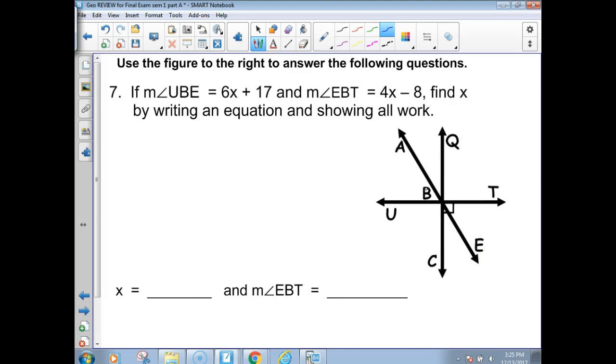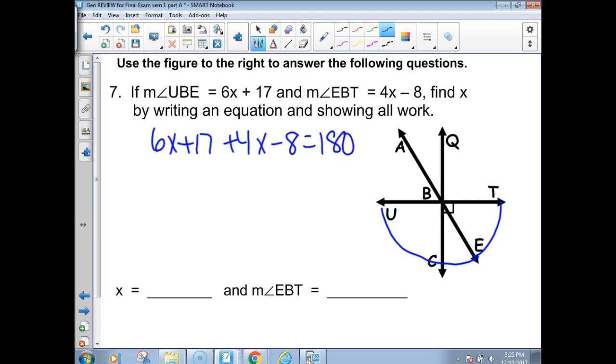Number 7, UBE, that's from here to here, and EBT, that's here, can be put together. They're adding up to 180 also, like the last one. So we do the same process as the last problem. Add the algebra stuff, set it equal to 180. Combine your like terms, 10x. Combine your 17 minus 8, that'd be plus 9.